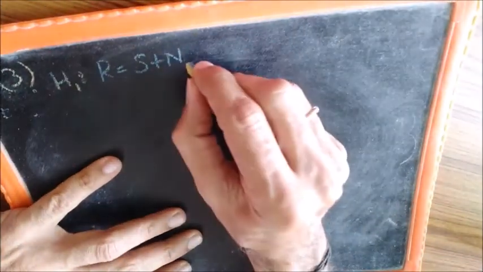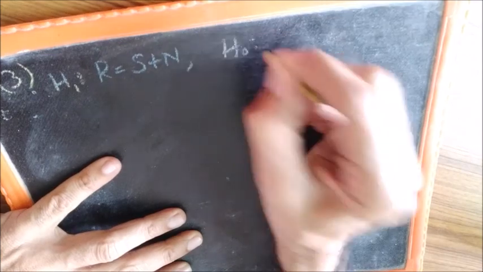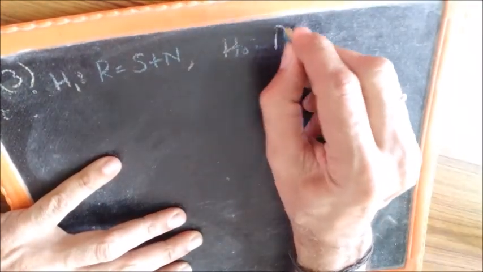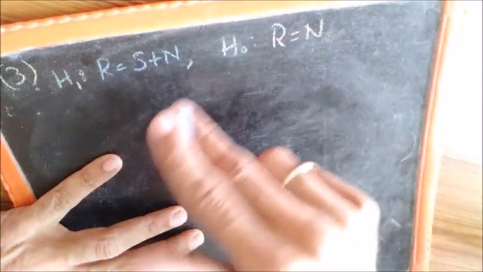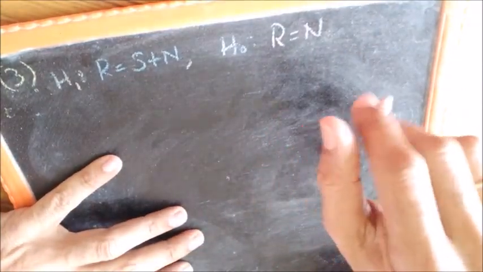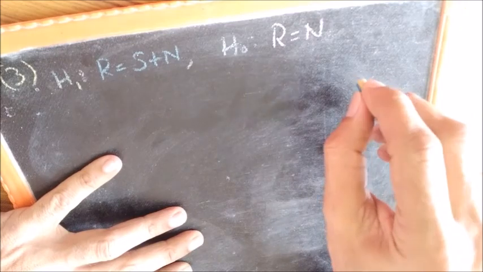It will be provided in the data itself. And when H0 is the hypothesis, we receive only the noise. So S is absent.